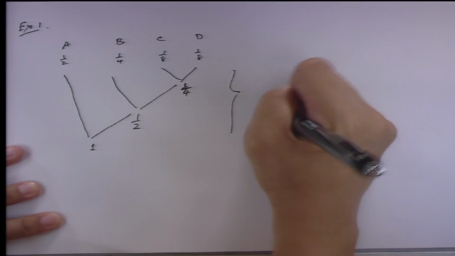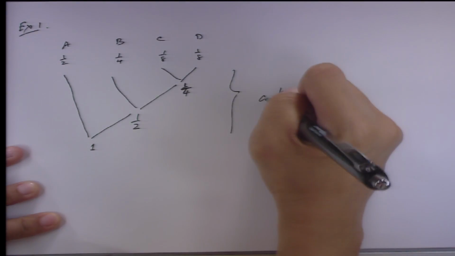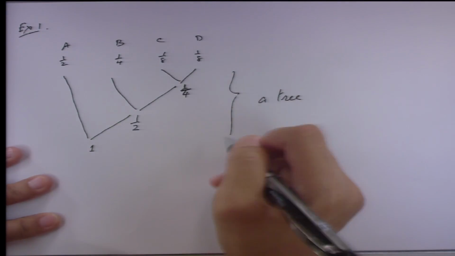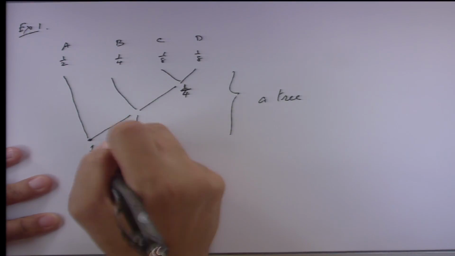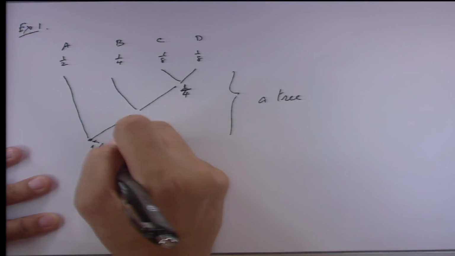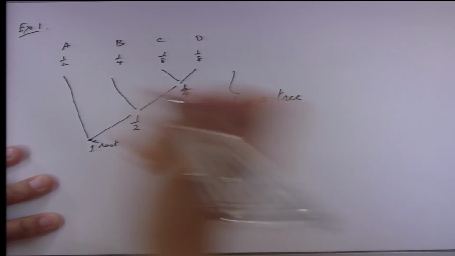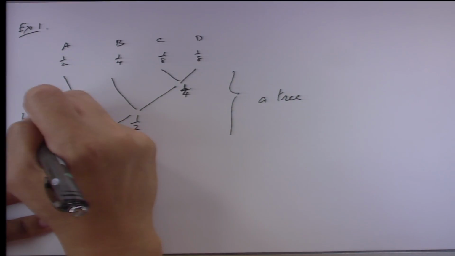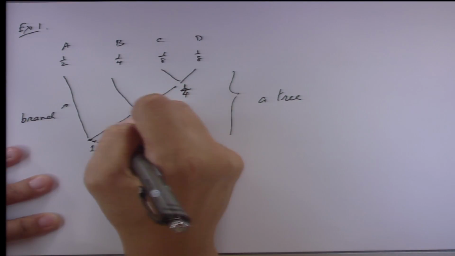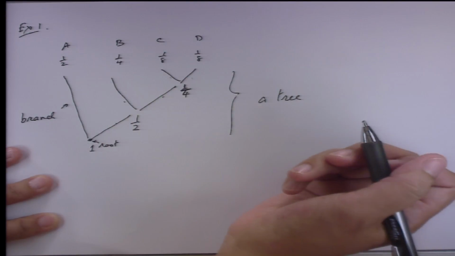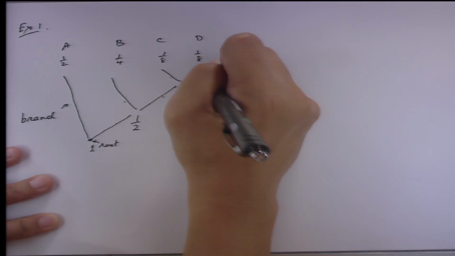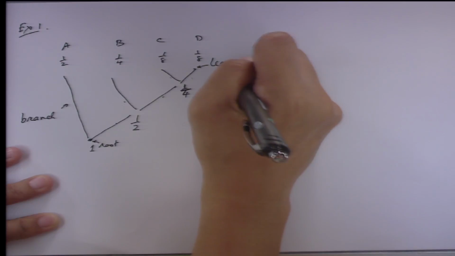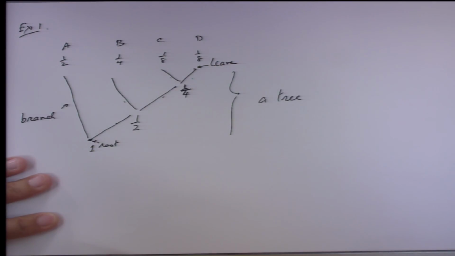And this is the root of the tree, these are the branches, and these are the leaves of the tree.